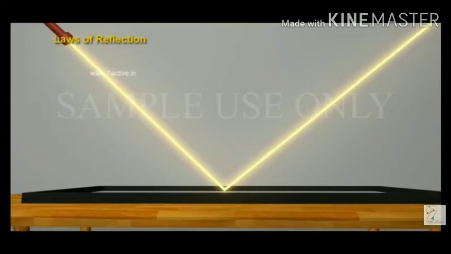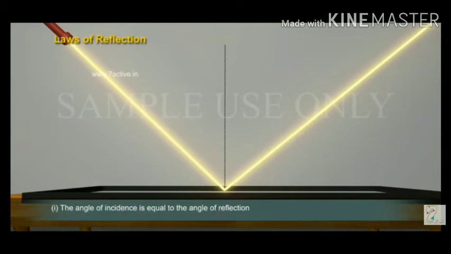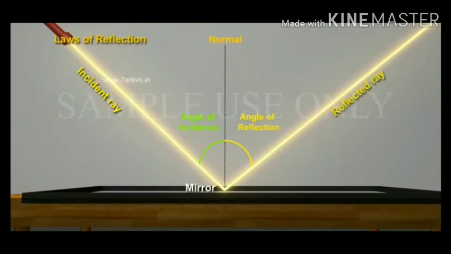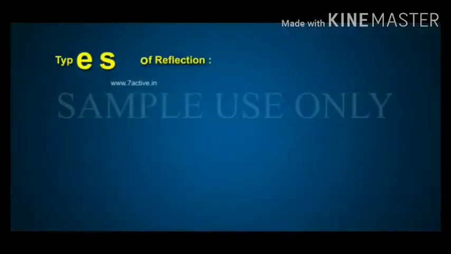Laws of reflection. 1. The angle of incidence is equal to the angle of reflection. 2. The incident ray, the normal to the mirror at the point of incidence and the reflected ray all lie in the same plane. These laws are applicable to all types of reflecting surfaces, including spherical surfaces. Types of reflection.